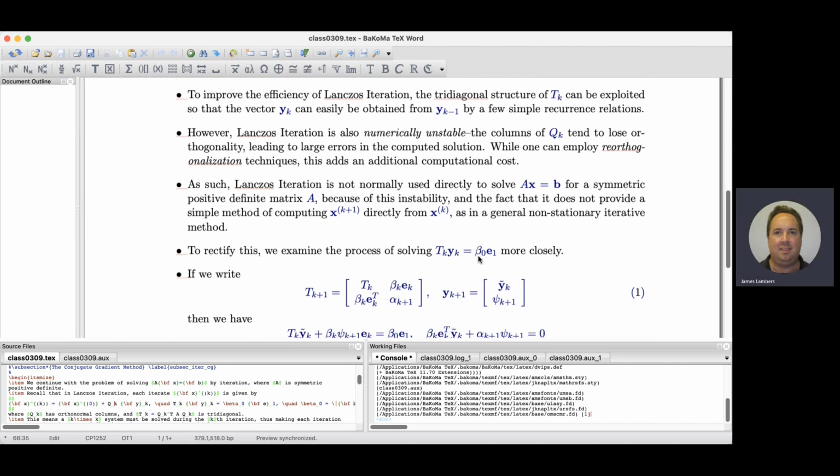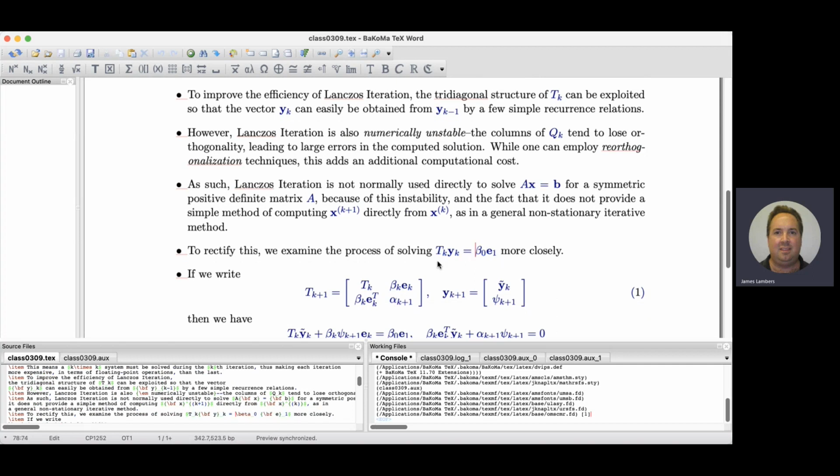So we're going to take a closer look at this system of equations that has to be solved during each iteration of the Lanczos algorithm, and see what we can do with this system to solve it and generate iterates more efficiently than Lanczos can now.